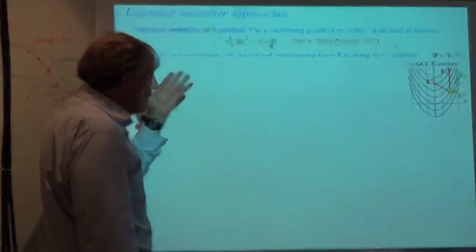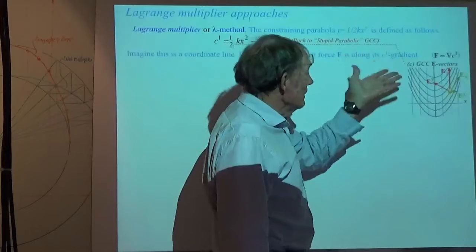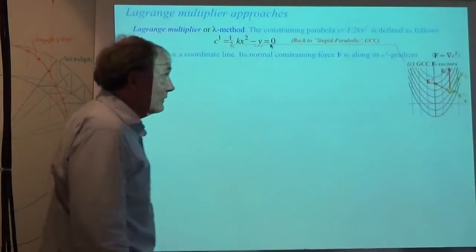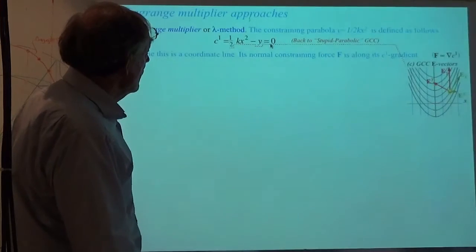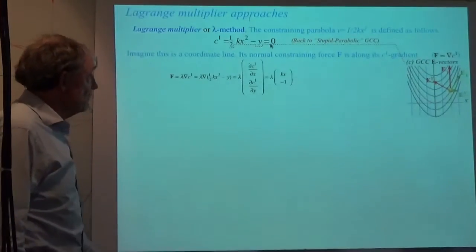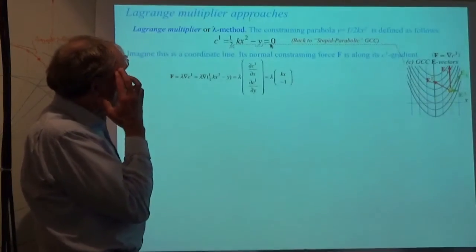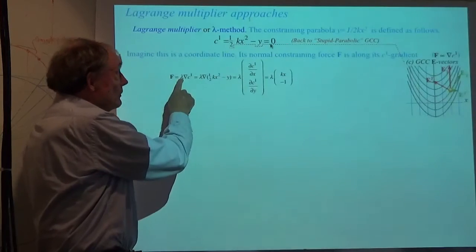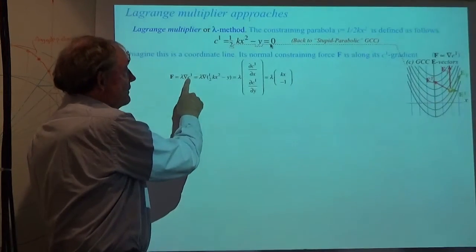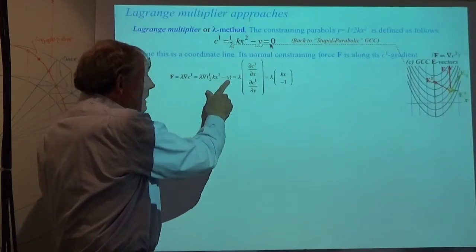Imagine this is a coordinate line, its normal constraining force is along the gradient, just like we've been saying about the covariant unitary vectors, okay? So whatever that constraining force is, it has to be proportional, and that's the Lagrangian multiplier, of the gradient of the constraint, the gradient of 1/2 kx squared minus y.